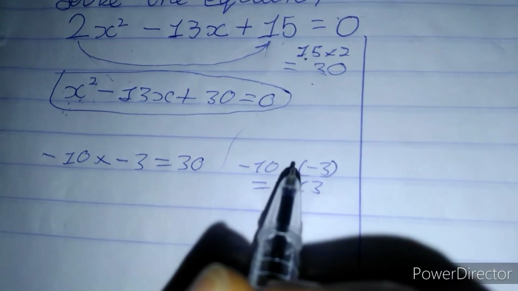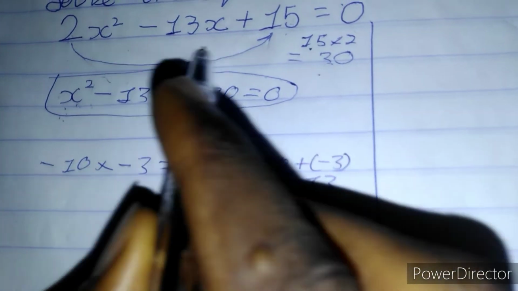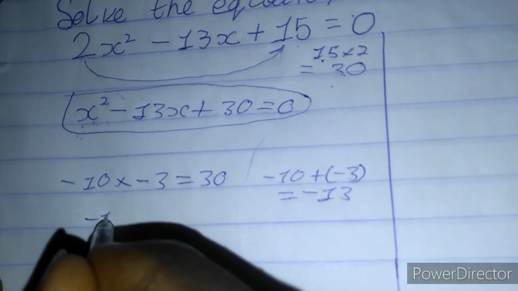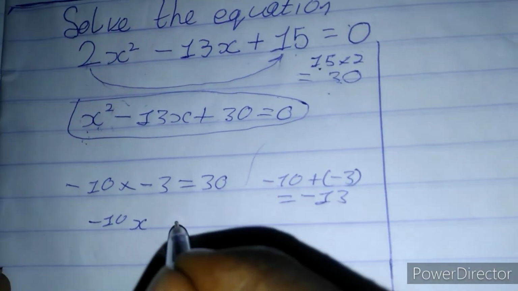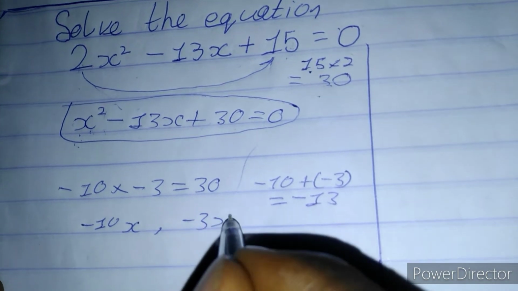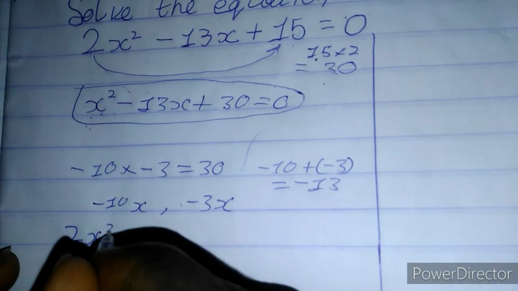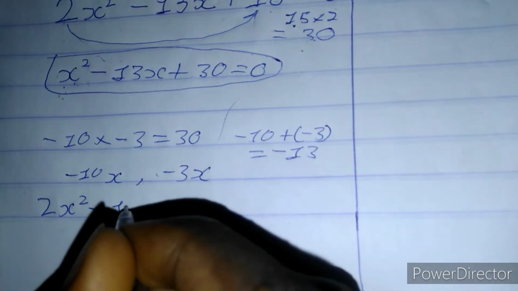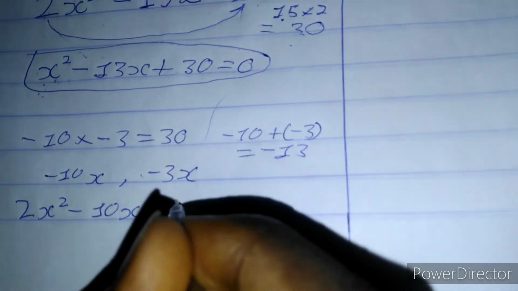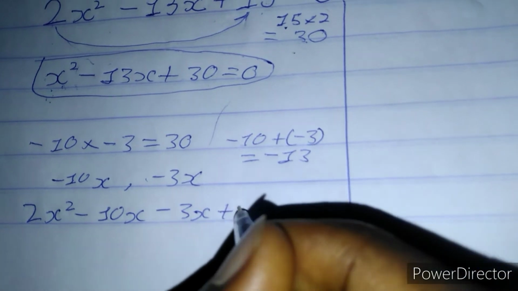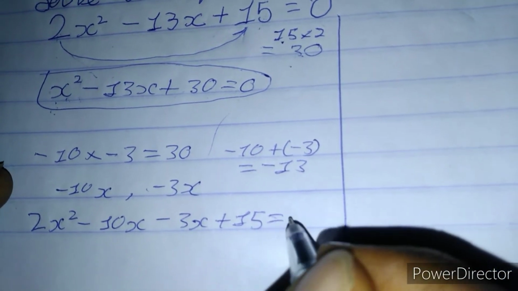Okay, that's what we're using. So we replace this minus 13x with minus 10x and minus 3x.